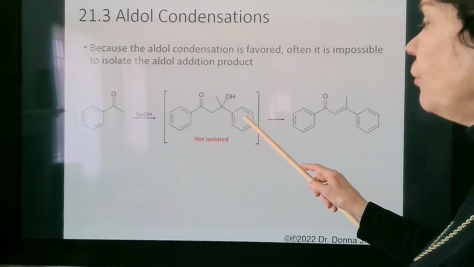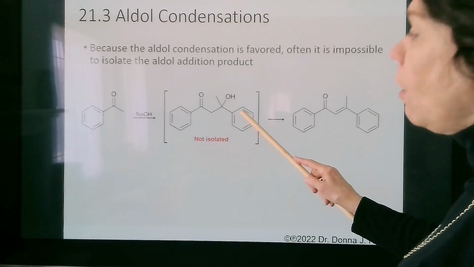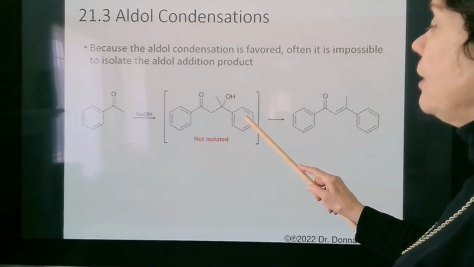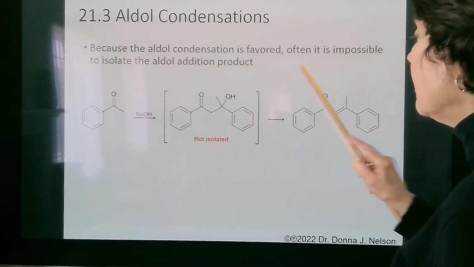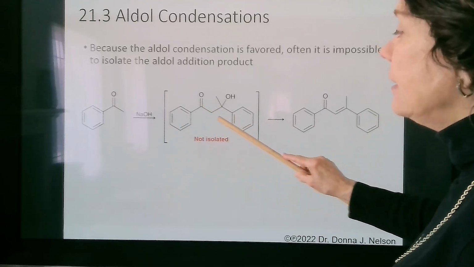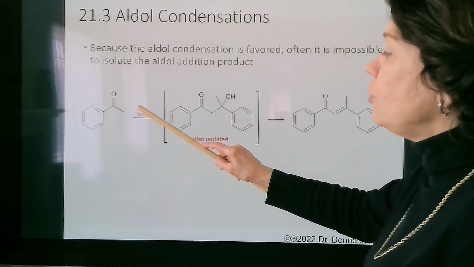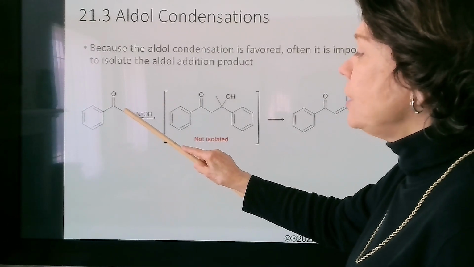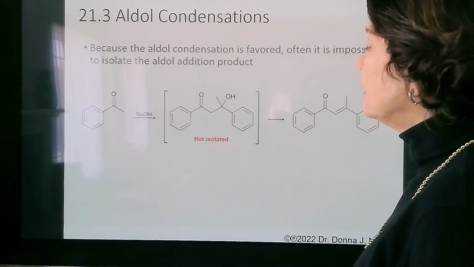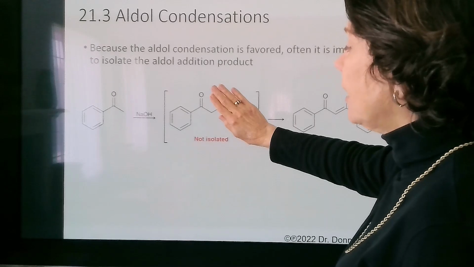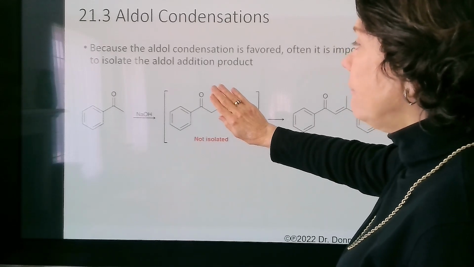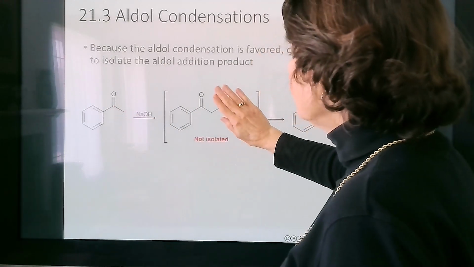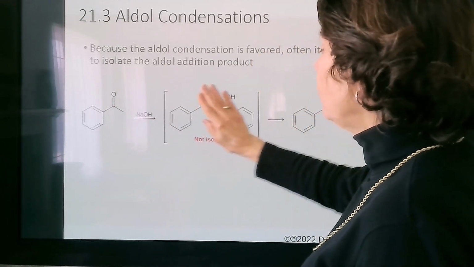Here, remember I kept saying that it's not always necessary to heat the reaction mixture in order to get the aldol condensation. So this is the aldol addition, where you have this molecule reacting with another molecule of itself. It's deprotonated at the alpha position, and in this case it's a ketone here, so there is the carbon skeleton of one molecule of the ketone.